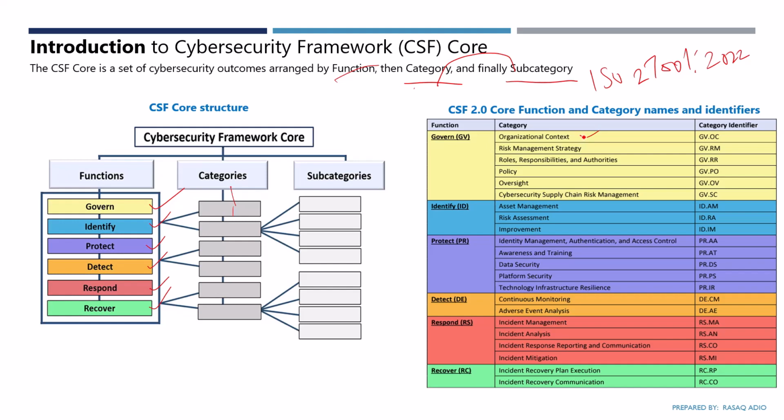Then we are going to be talking about risk management strategy. So which risk management strategy is the organization going to adopt? Because that is part of Govern. Don't forget that the organizational context we just mentioned talks about the structure of your organization, from your board of directors to the management to the staff.